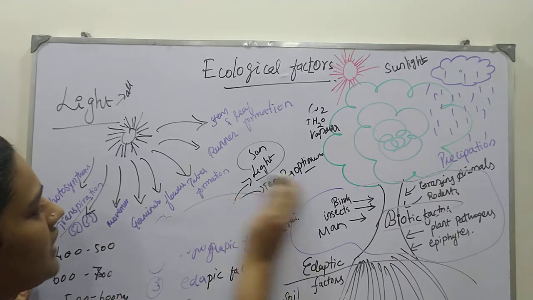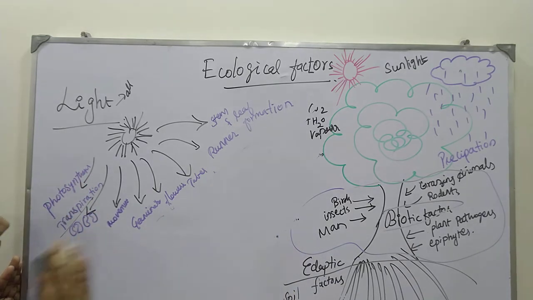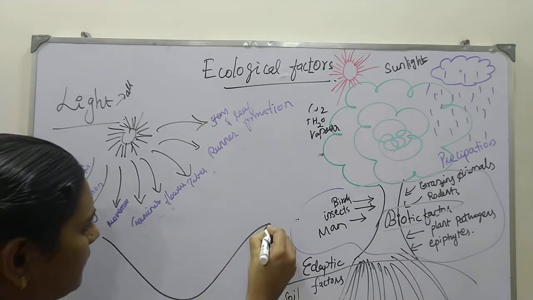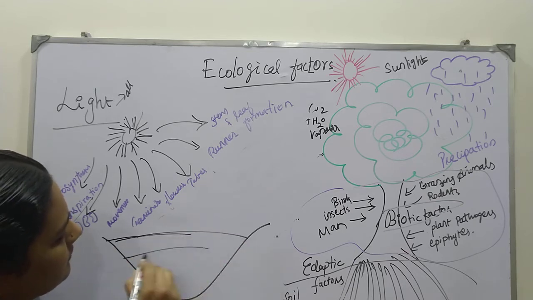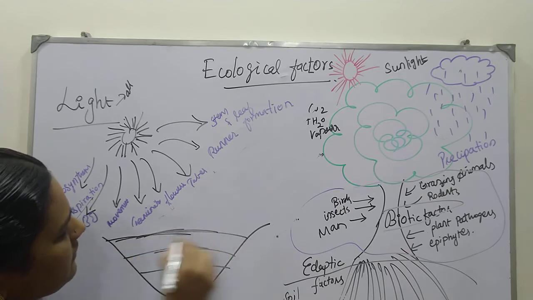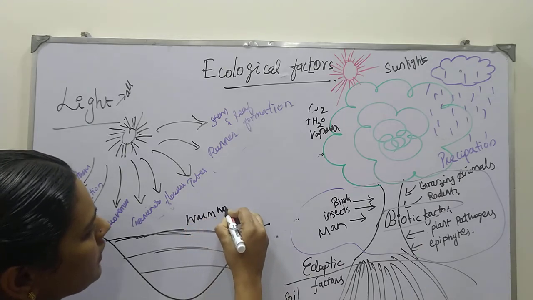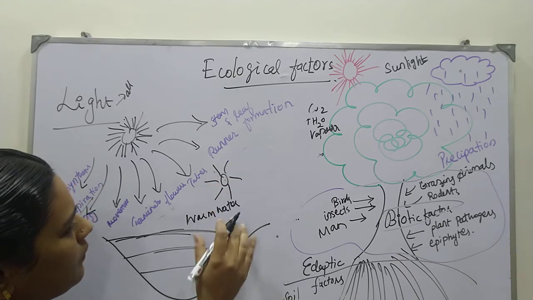So thermal stratification is nothing but, suppose this is a thermal stratification. So here you see, if you are taking the upper surface of the water, it is called warm water, because this water directly gets the sunlight, so this water will be warm water.